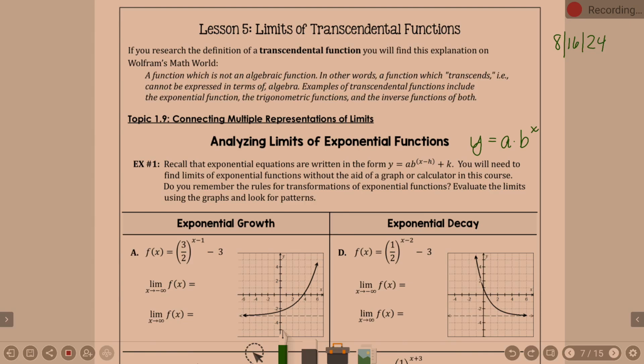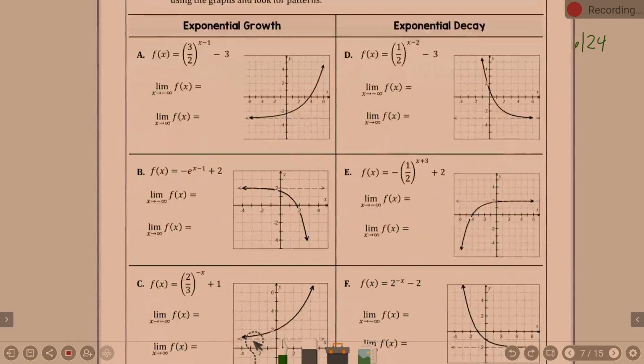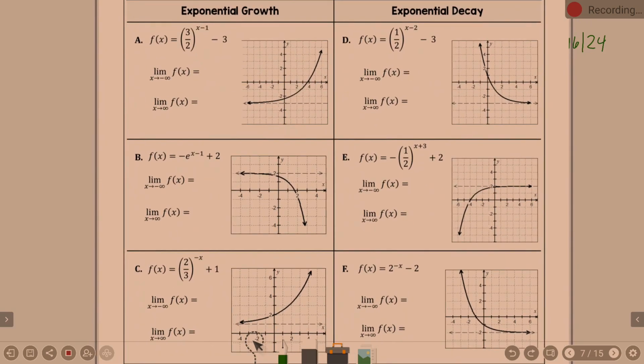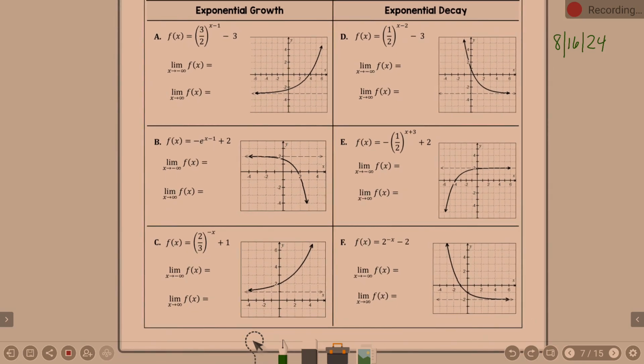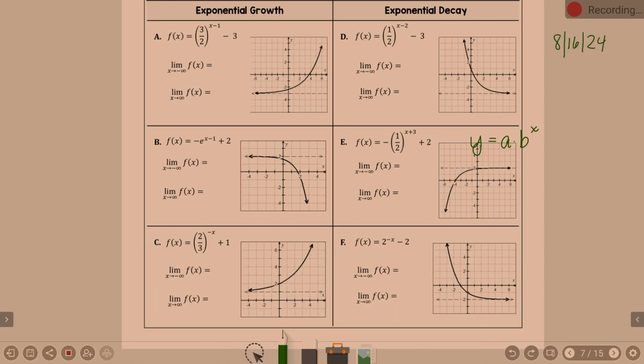There's a lot of pages here, so let's see. Okay, example A. You have the graph of f of x equals 3 halves to the x minus 1, minus 3. Should we start with what a basic exponential graph looks like?